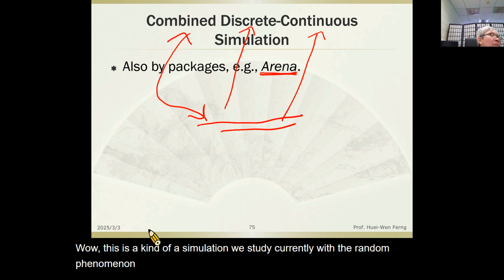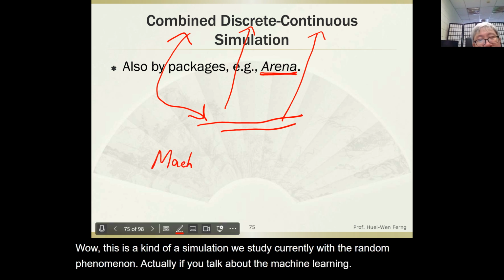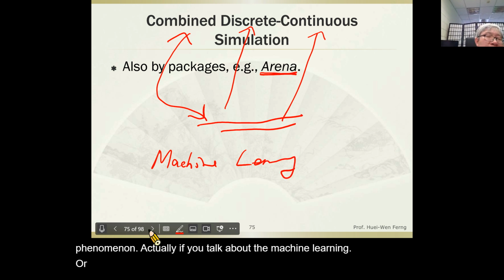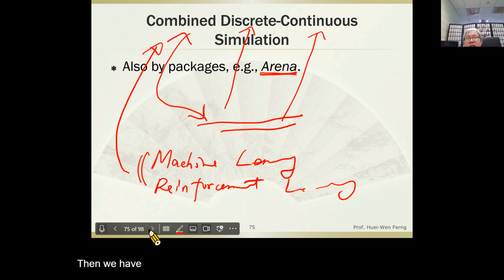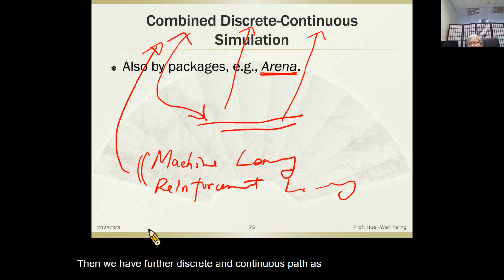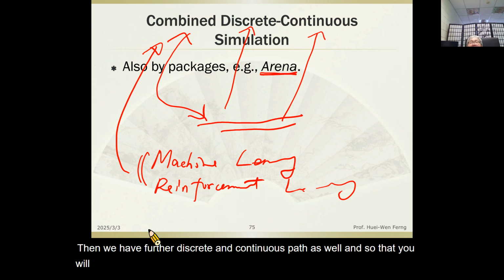Actually, if we talk about machine learning, or maybe reinforcement learning, then we have discrete and continuous spaces as well, so you will have some experiments with a combination of discrete and continuous spaces.